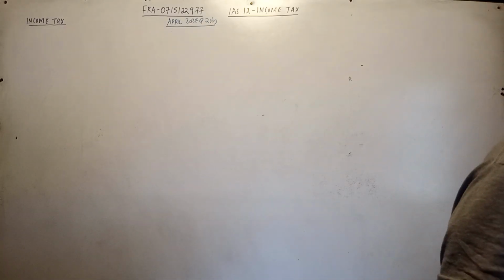Then the tax: Fora Limited has the right to offset the deferred tax asset and the deferred tax liability. So we are required, 10 marks, to determine the deferred tax liability.